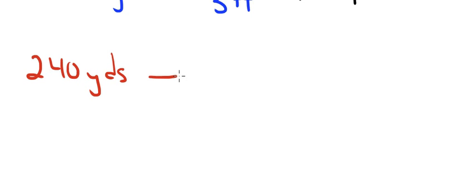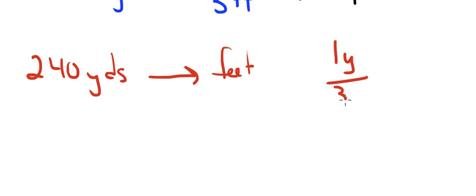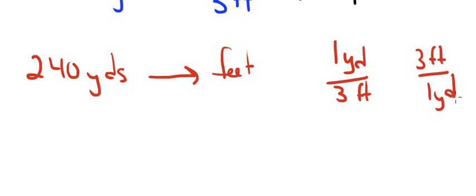So I want to go from 240 yards to feet. I ask myself, what are my unit multipliers between feet and yards? Remember, we said that 1 yard is equal to 3 feet, and therefore 3 feet is equal to 1 yard, right? So they are my unit multipliers. It wants me to use a unit multiplier to answer the question of how many feet are in 240 yards.